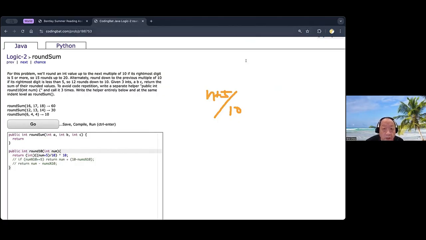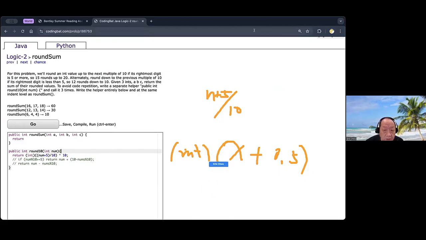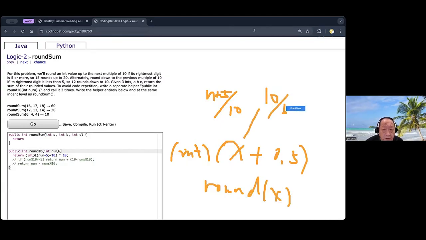This one, given the fact that your rounding function is x plus 0.5, taking the integer, is the same as you do math.floor of x. So the number divided by 10 times 10, you will round into the next 10.